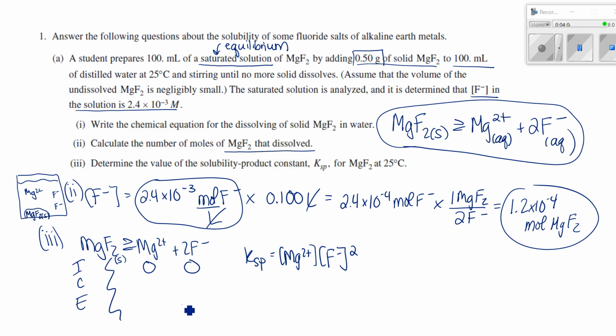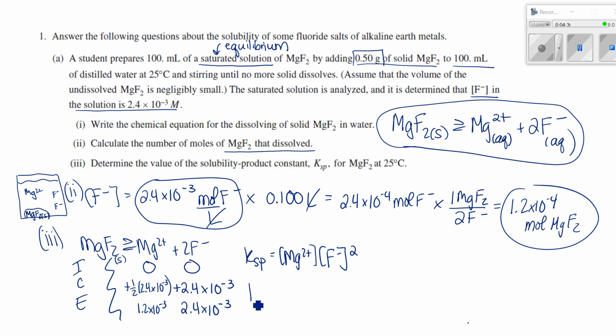So that means that the equilibrium concentration of fluoride is 2.4 times 10 to the negative third. I can figure out what my change is, and then I know that my change row is going to match my mole ratio, so these will be in a 1:2 ratio. So this right here is going to be 1/2 of whatever this value was. So that is 1.2 times 10 to the negative third.